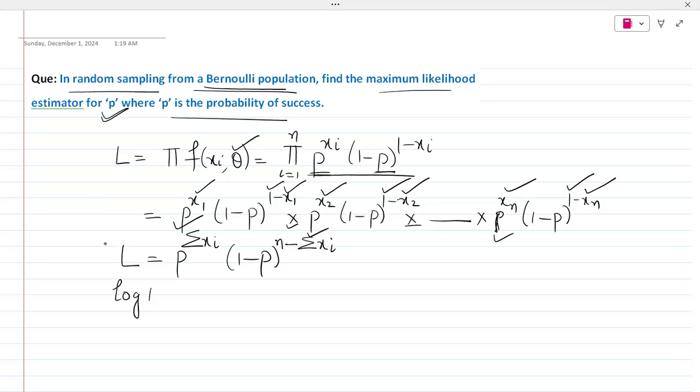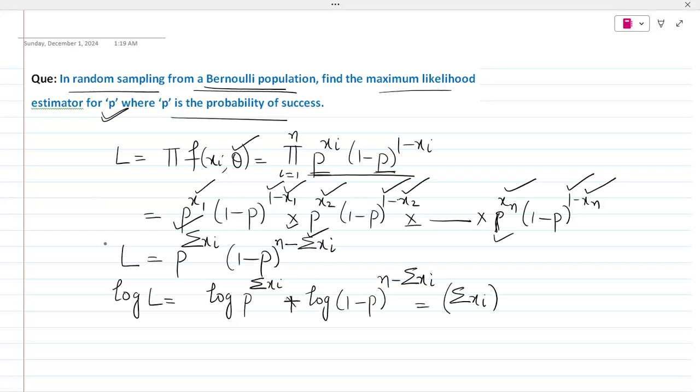Now log L will be summation xi into log p, plus n minus summation xi into log of 1 minus p.